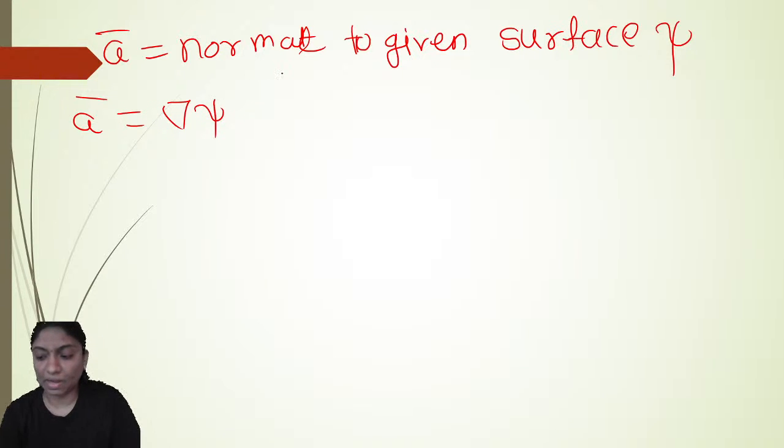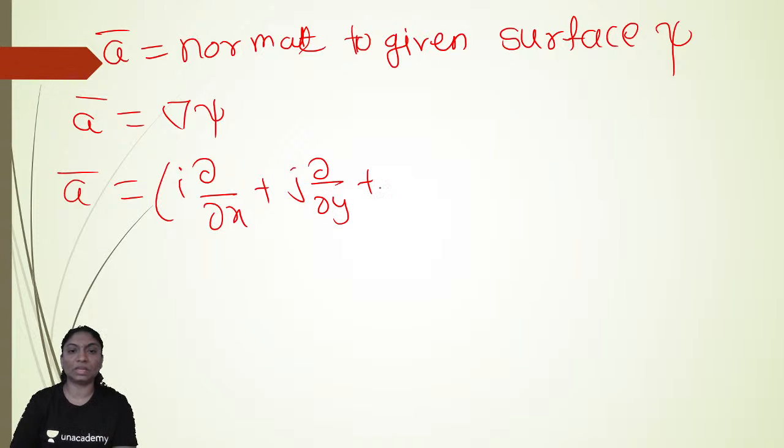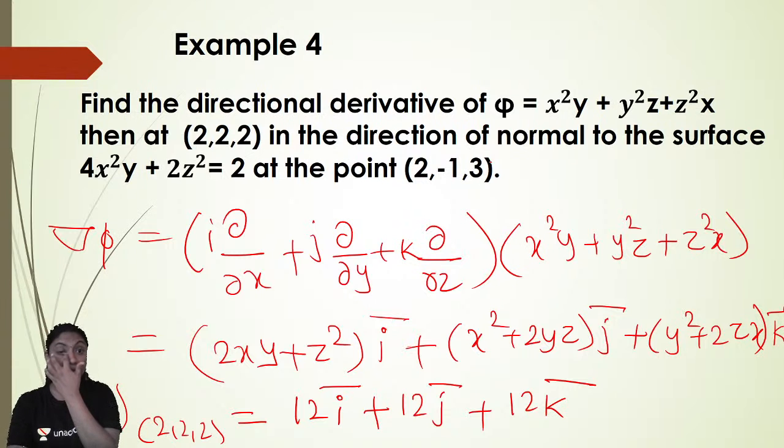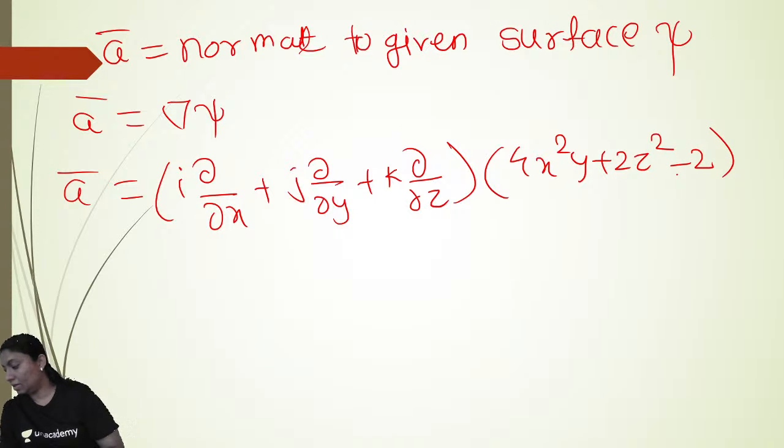So a bar is equal to i del by del x plus j del by del y plus k del by del z of psi. What is our psi? Psi is 4x square y plus 2z square equal to 2, which means 4x square y plus 2z square minus 2. Okay, this is our psi.